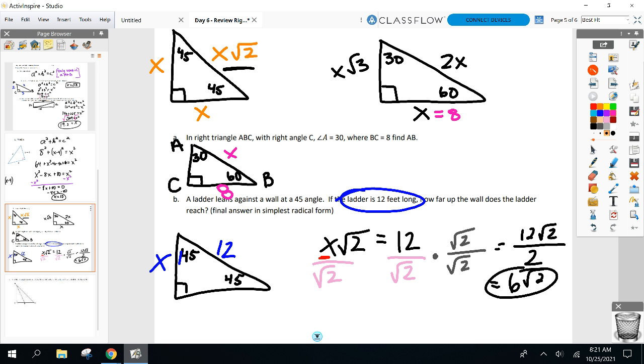I got this side, but I need to go here. This is x, and then that's 2x. So what should I be doing with the 8? Multiply it by 2. So AB, everyone, 8 times 2, 16. And that's all it asked me for, though.